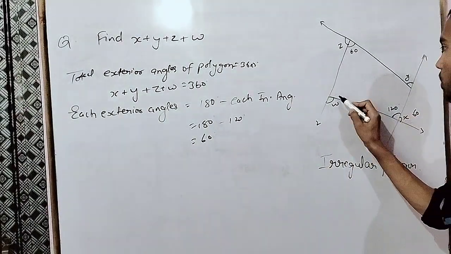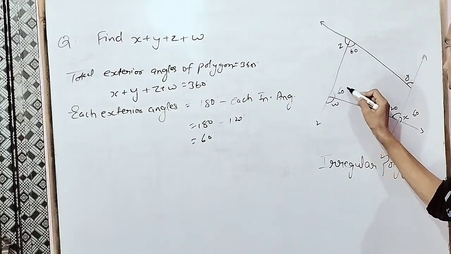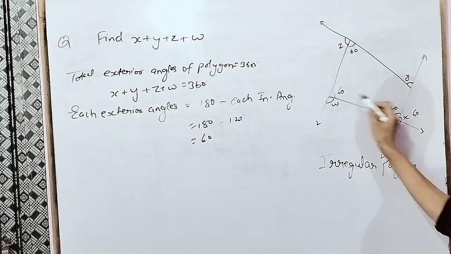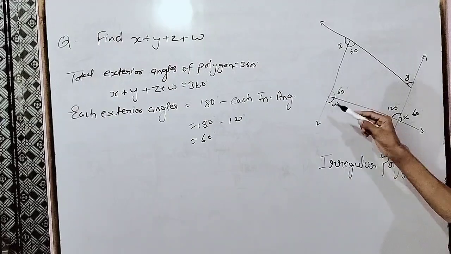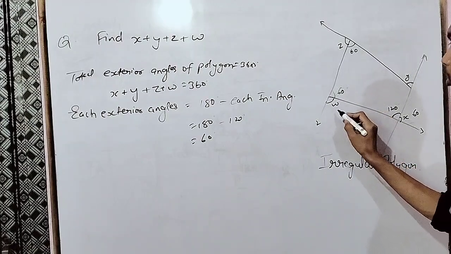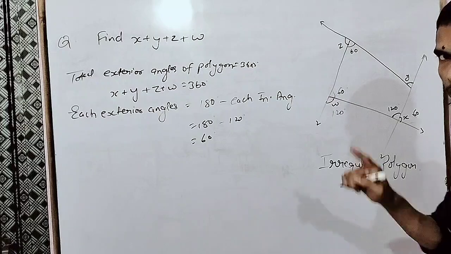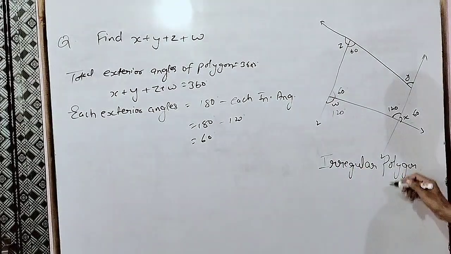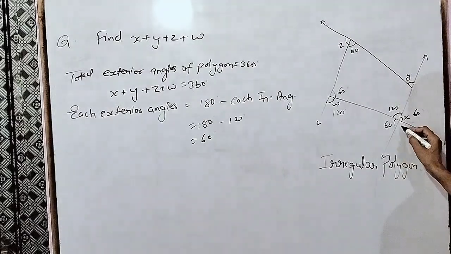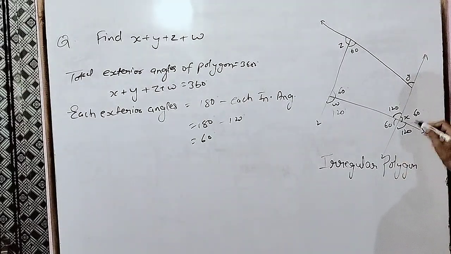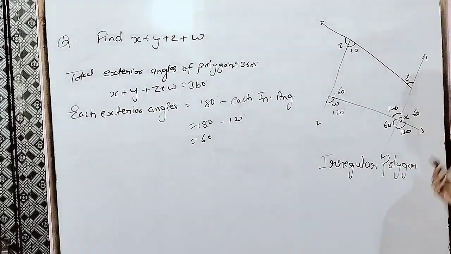This is 120, so of course this would be 60. We can even check: 120 plus 60 is 180. If this is 60, this would be 120 because of straight angles, a linear pair. Like this we can find them out.